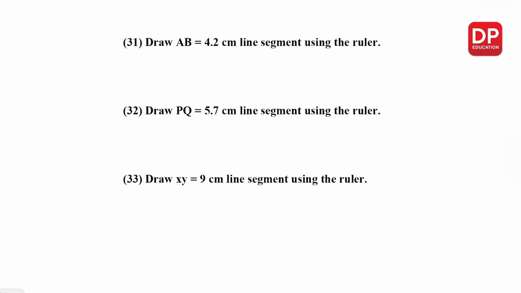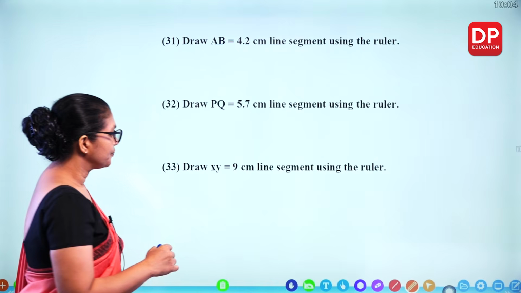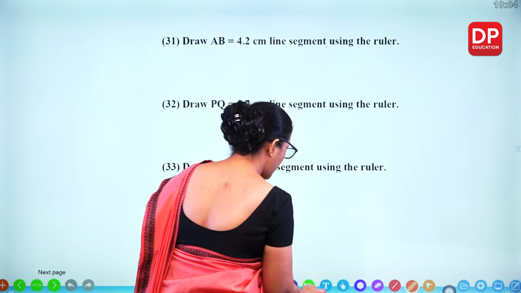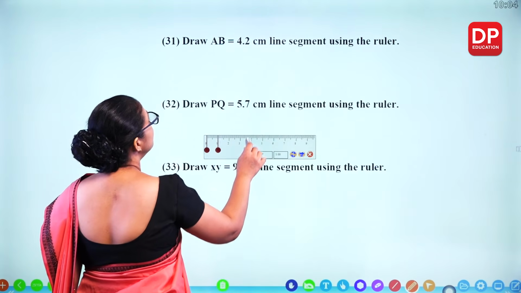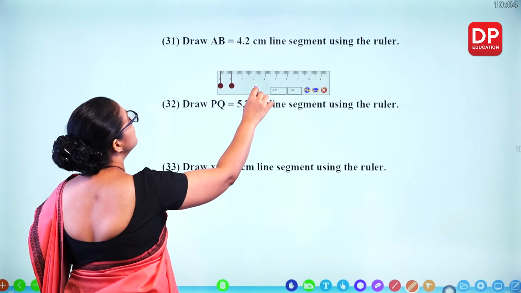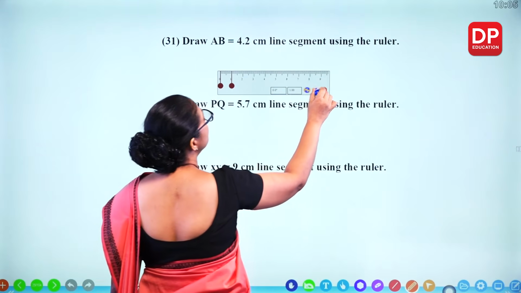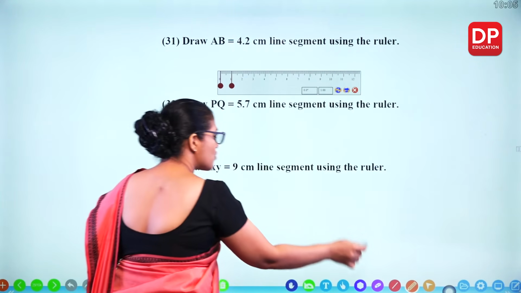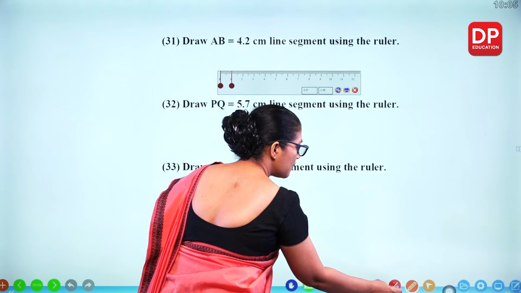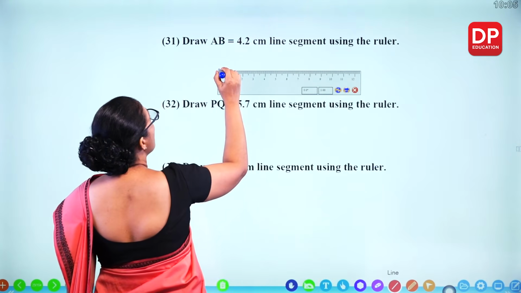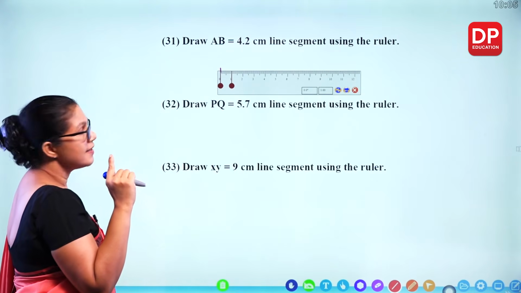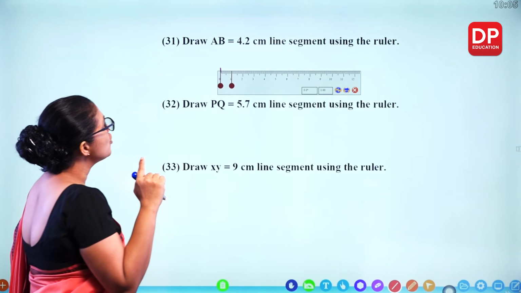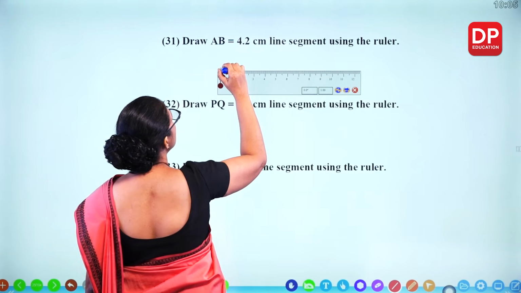Draw AB 4.2 centimeter line segment using the ruler. So what you can do, you can take the ruler and first draw a line. So I can mark this point 0 here, just at this point, that's A. 4.2 centimeters.